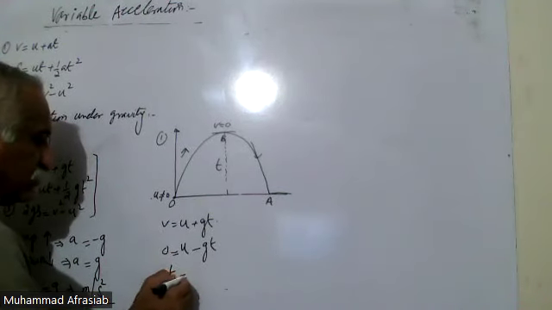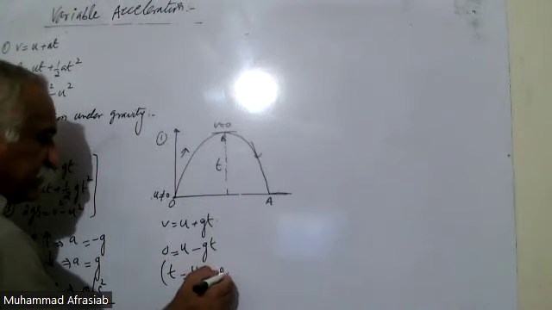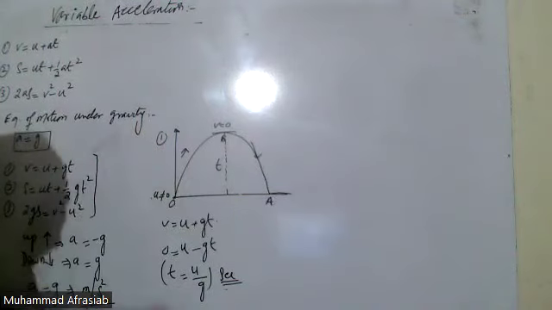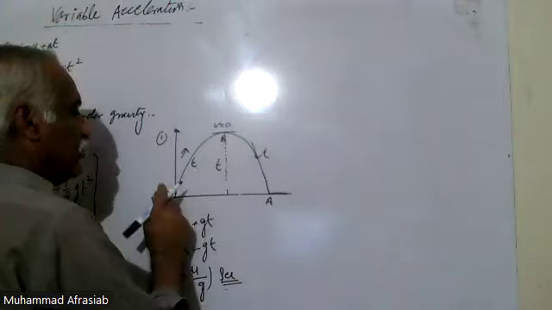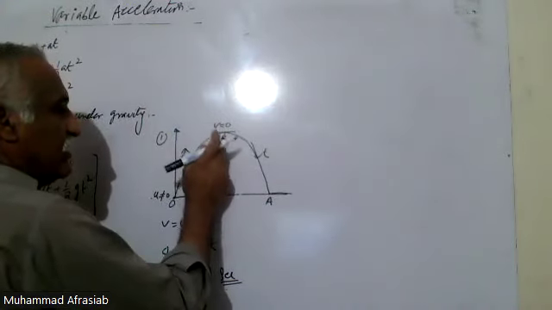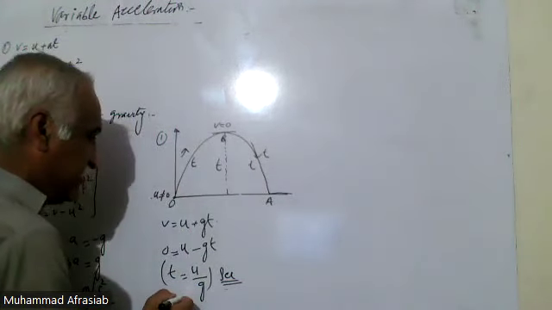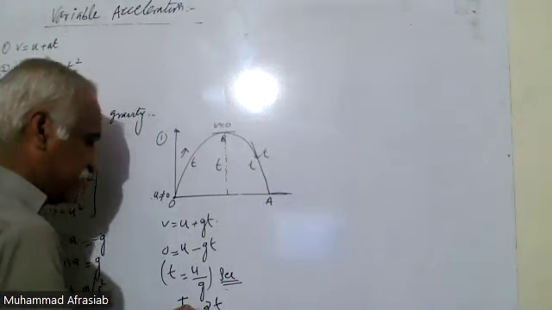So t = u/g, measured in seconds. From B to A, it will take the same time as from O to B. So the total time will be equal to 2t.